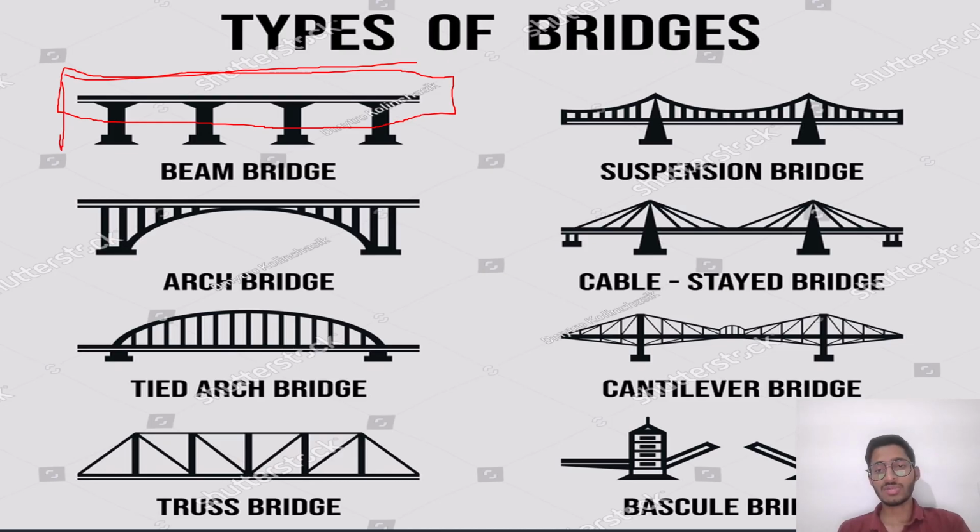Then suspension bridge. In a suspension bridge, the bridge is connected with suspension wires. As you can see in the figure, these are the suspension wires, and the bridge is totally connected by these suspension cables. Then arch bridge. An arch bridge is basically named due to this arch which is constructed below the deck slab of the bridge.